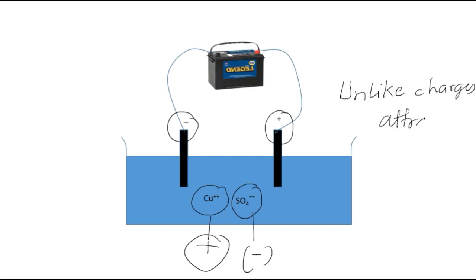attract. This we know already, and therefore copper plus plus, all those which are there in this solution, I have shown only one copper plus plus here just for our reference. So all copper plus plus will start moving towards the negative, right? And all SO4 minus minus will start moving towards the positive, because unlike charges attract.